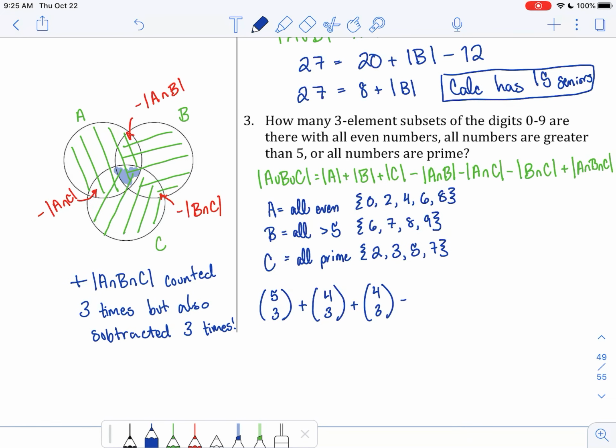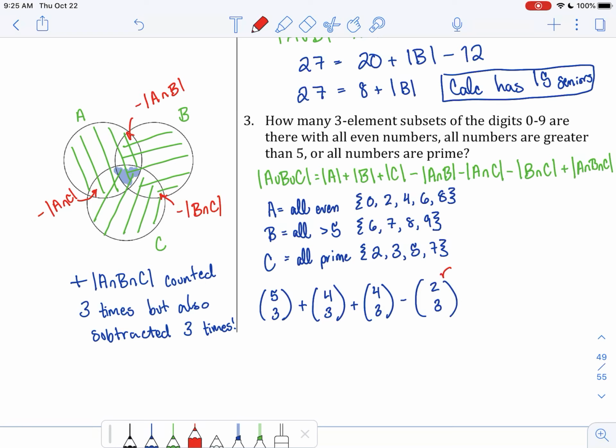Now we want to minus the cardinalities of their intersections. And here's where we come across a nice thing with combinations that we haven't reviewed in a little bit, is that if it's A and B, so it's all even and greater than 5, that's only 6 and 8. That's the intersection here. And you can absolutely write out, well, there's 2 and we're choosing 3.